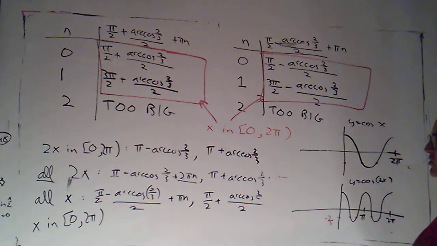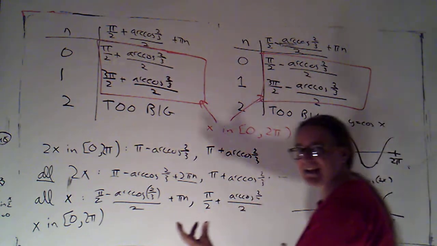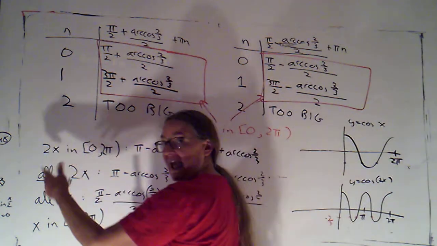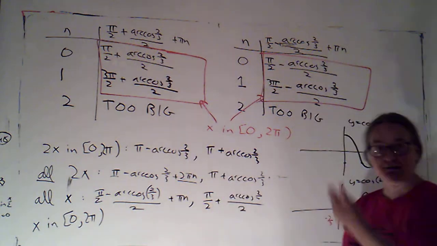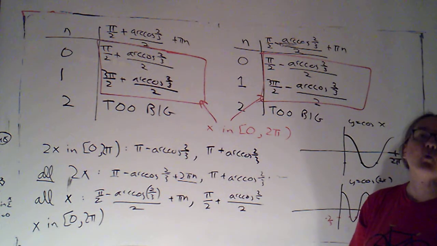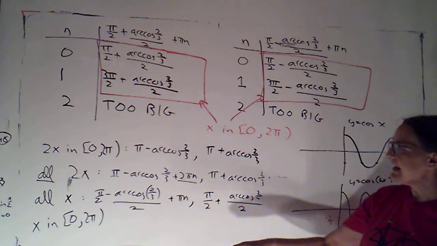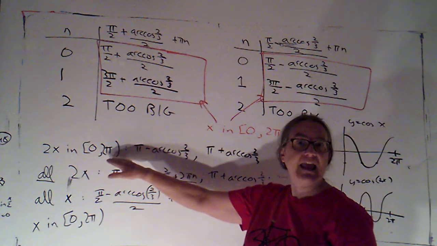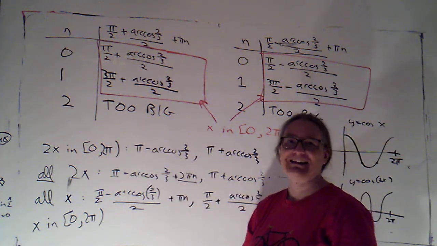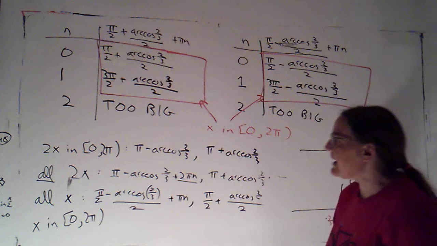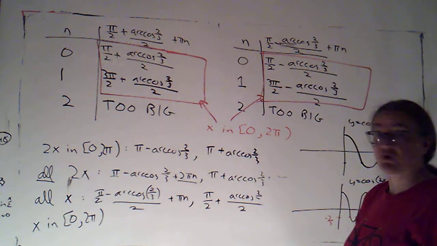That's kind of a neat trick. If you're working with 2x, you're cutting the period in half because you're going twice as fast through everything. You're going to have twice as many solutions in this interval as what you would have if you were just working with x.